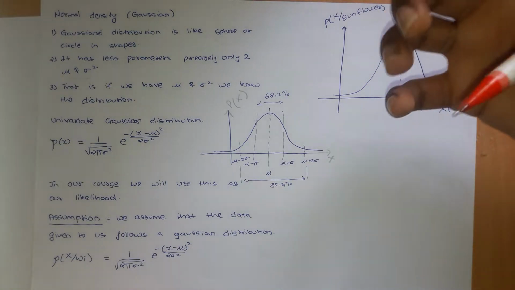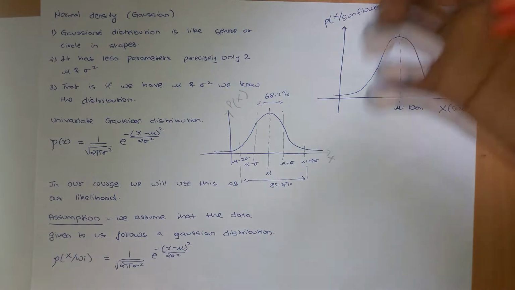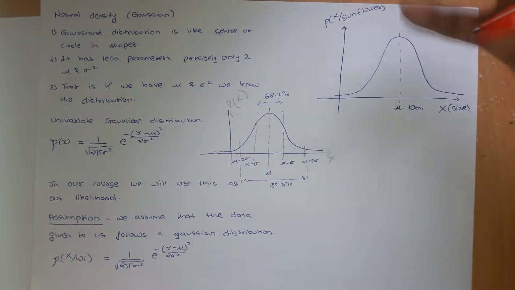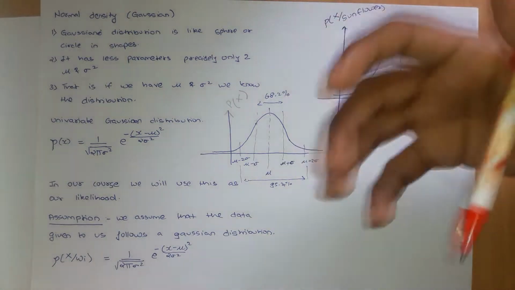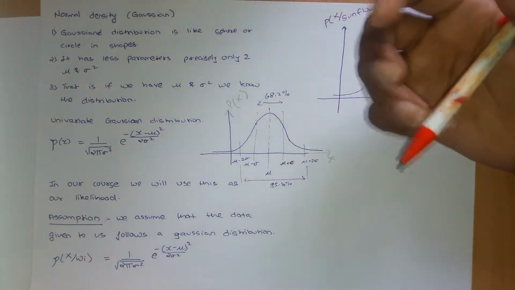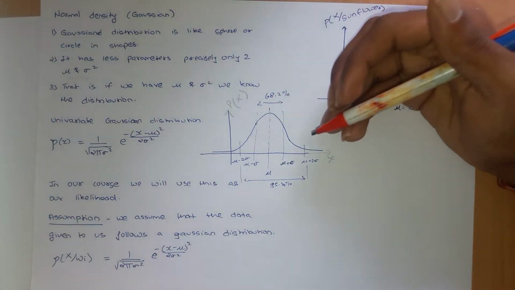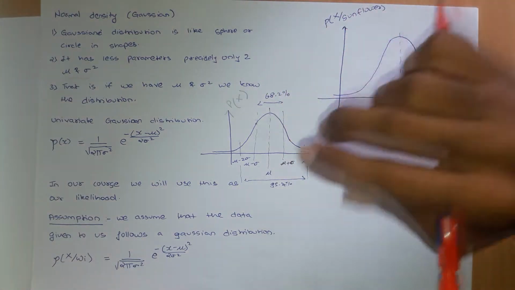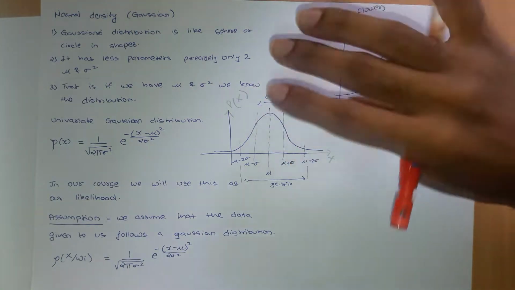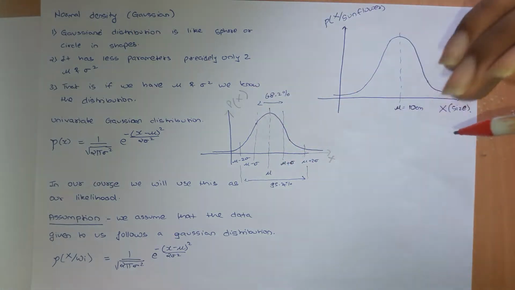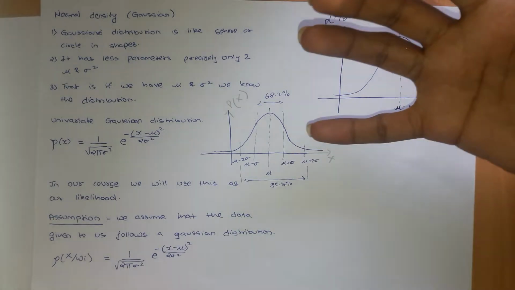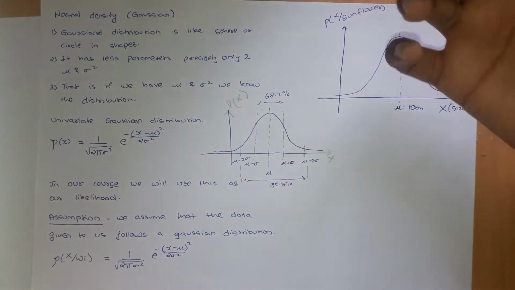It is very common in nature. It is again an approximation. You don't say that every natural process tends to a Gaussian distribution, but it is a good approximation.